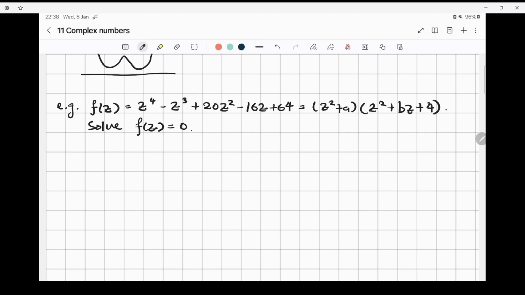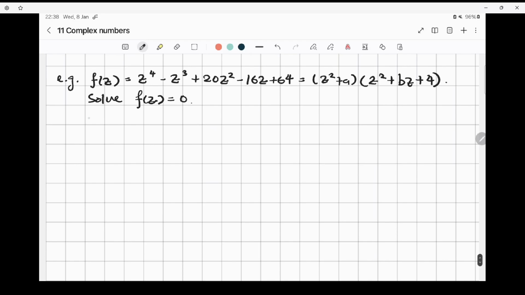So the easiest way for you to do it is to start from what is already given. So you need to expand this and find out what is a and b.